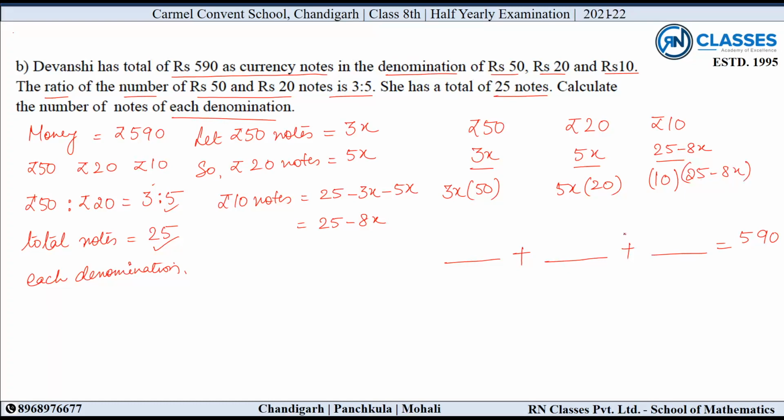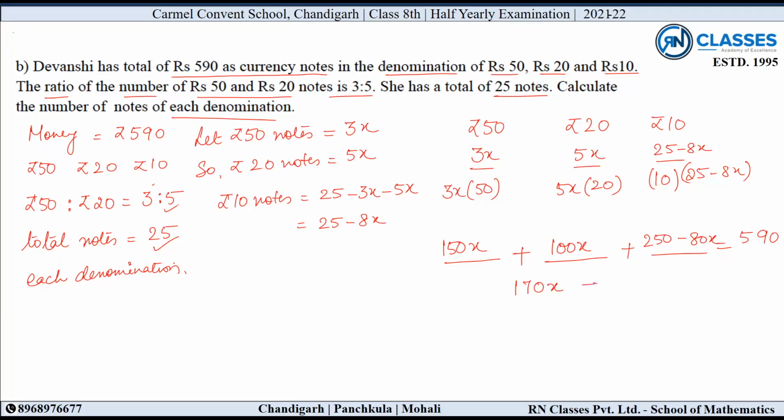So the money we got is 3 into 50, 150x. Money from 20, 5 into 20 is 100x. So over here 250 minus 80x. 150 plus 100 is 250 minus 80, 170x.